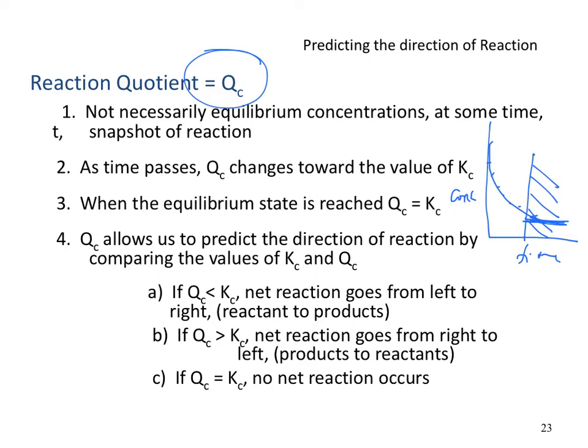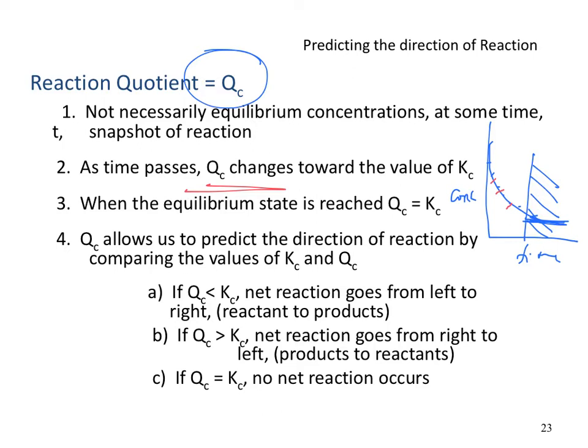So in that sense, you can consider reaction quotient to be similar to instantaneous rate, because it is not the average of the reaction, but rather at any one particular instant of time. Of course, as the time passes, the Qc, or the reaction quotient, is going to tend to the equilibrium constant value.